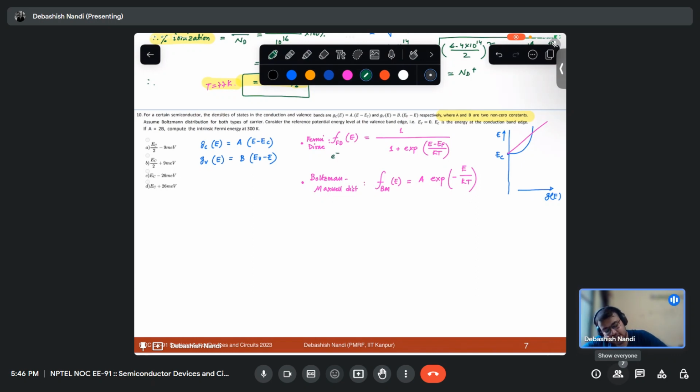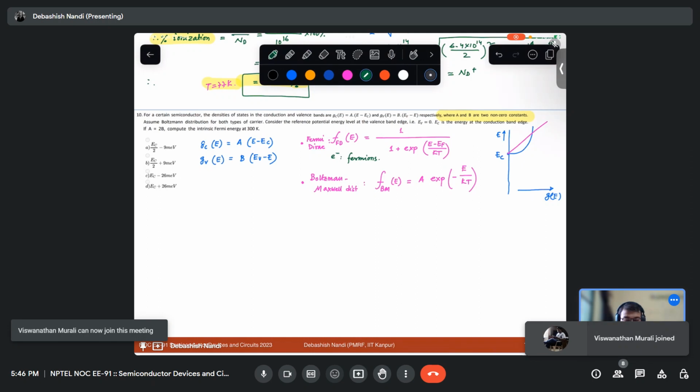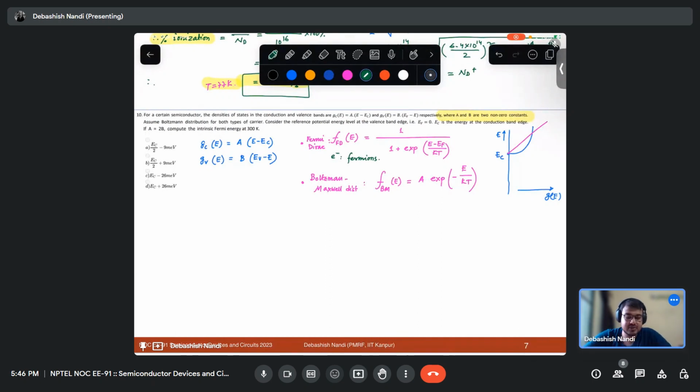Okay, more generally they are called fermions. So what about this Boltzmann-Maxwell distribution? Give me an example, tell me the name of a particle or some molecule which follows this kind of distribution. Just attempt, try.